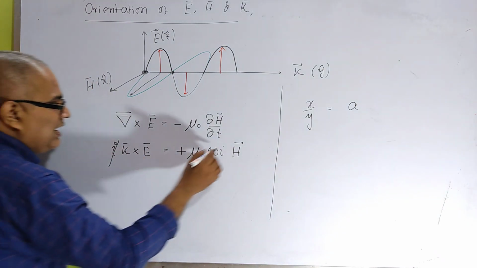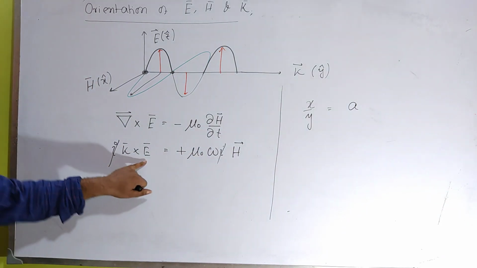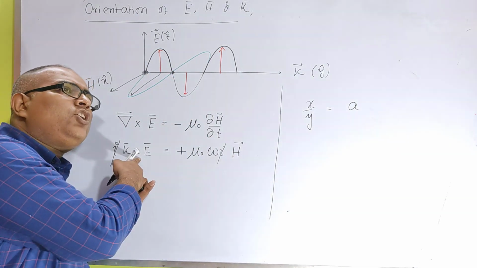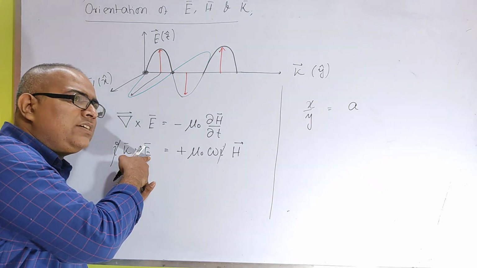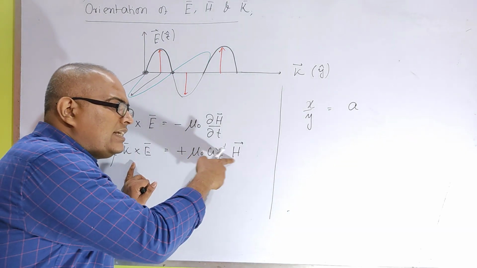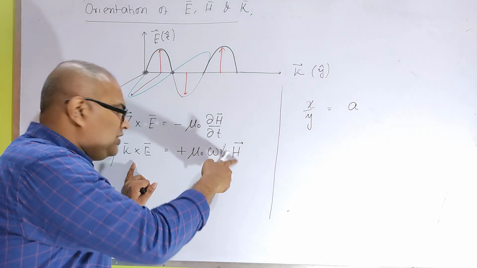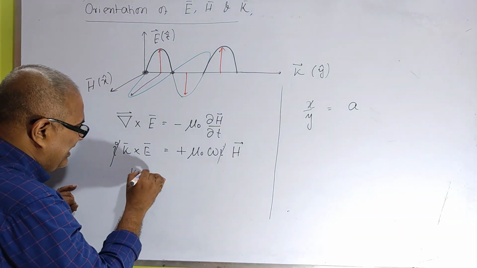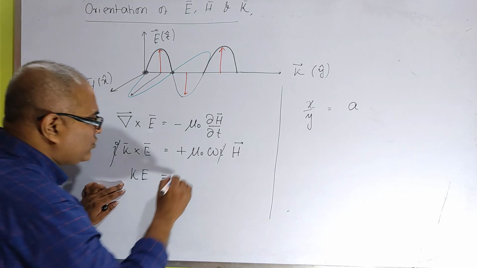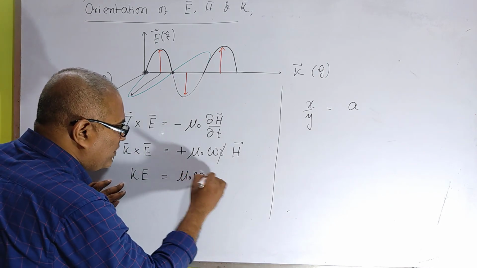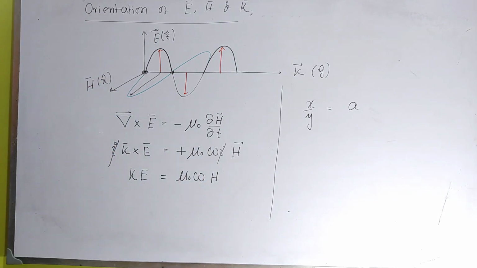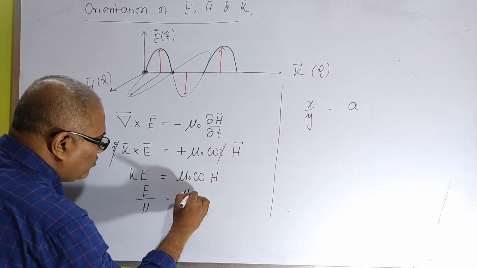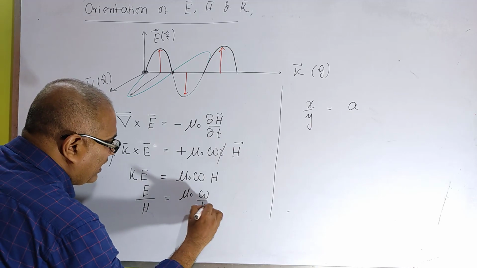Remove i, and now K cross E: K means y, y cross z gives you x, along the same direction as H. So K E must equal mu naught omega H. Therefore the value of E by H is mu naught omega by K.